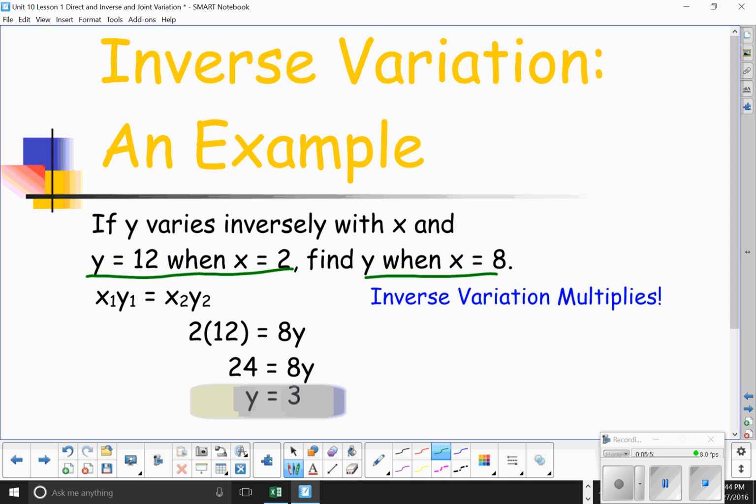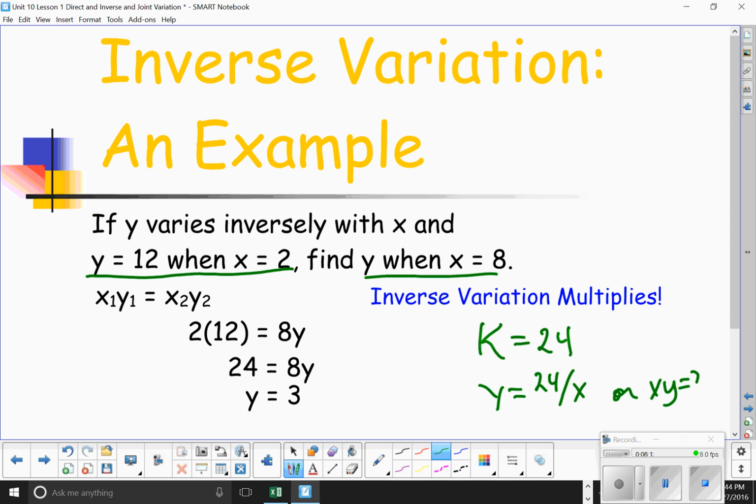In this case, the constant of variation is equal to 24, and y equals 24 divided by x is my equation, or xy equals 24.